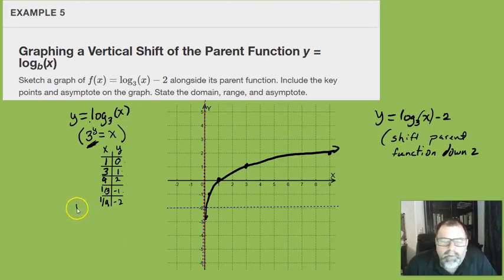So if I want to do y equals log base 3 of x minus 2, I'm going to plot these points, counting from the pretend origin. What I call the pretend origin is the shifting, right? So if the origin was at 0, 0, and we're going to shift it down to, this is my pretend origin.